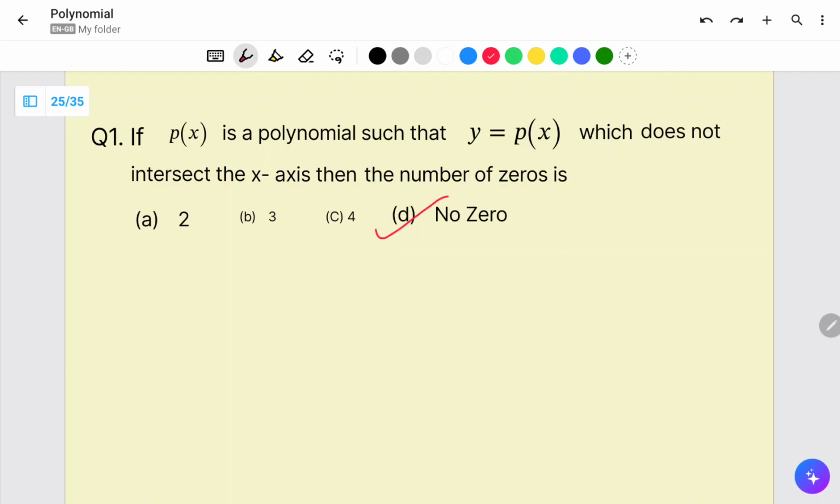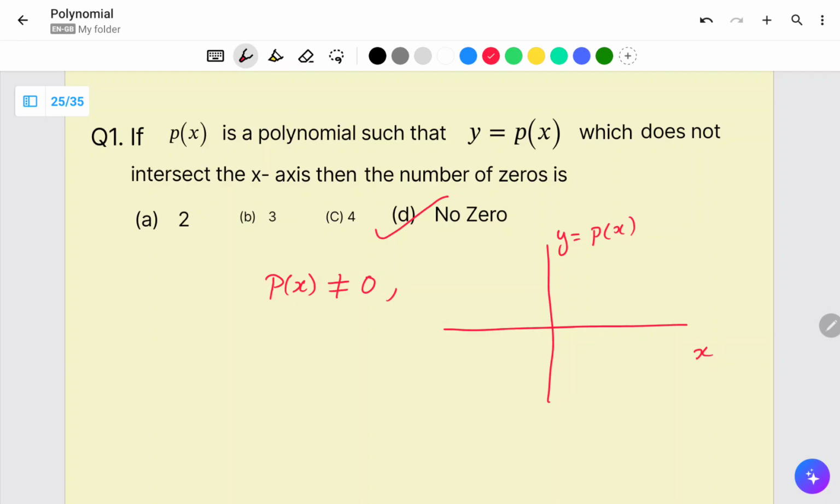Since p(x) does not intersect the x-axis, therefore p(x) is not equal to 0 for all values of x. Suppose we have a graph like this. This one is the x-axis, this one is y, which is equal to p(x).